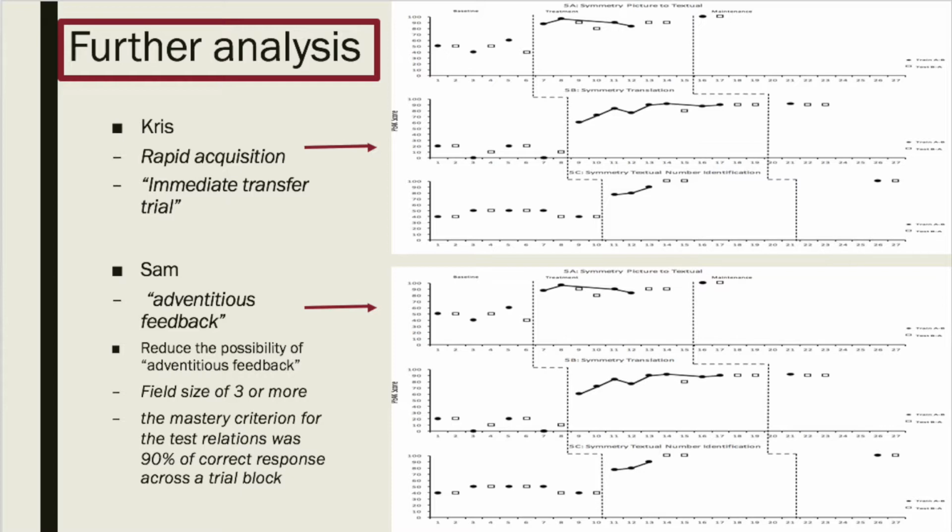Many times test relations do not occur immediately, and it can require more exposure to those training trials. However, the immediate transfer test relation solidifies the idea that Chris was able to derive the correct relations based on the training trials. Repeated trials and testing trials can expose the participant to other contingencies, such as advantageous feedback.